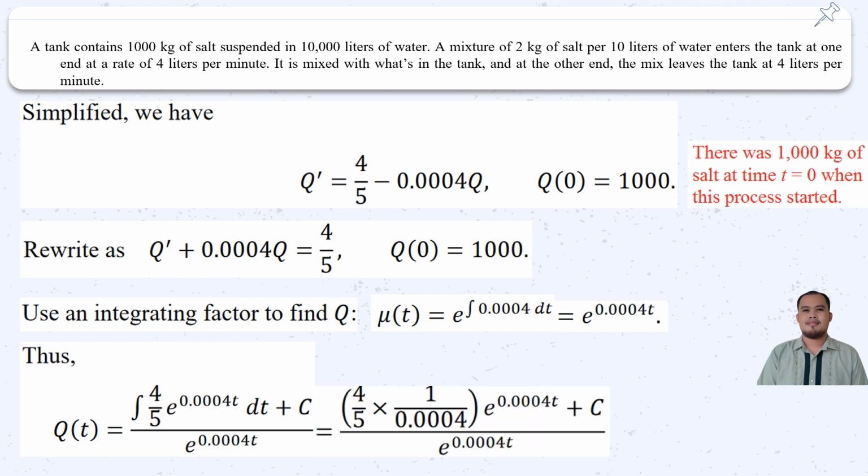This will then become 4/5 times 1 over 0.0004 from our integral earlier times e raised to 0.0004t plus c all over e raised to 0.0004t. By simplifying, we'll come up with 2000 e raised to 0.0004t plus c all over e raised to 0.0004t.